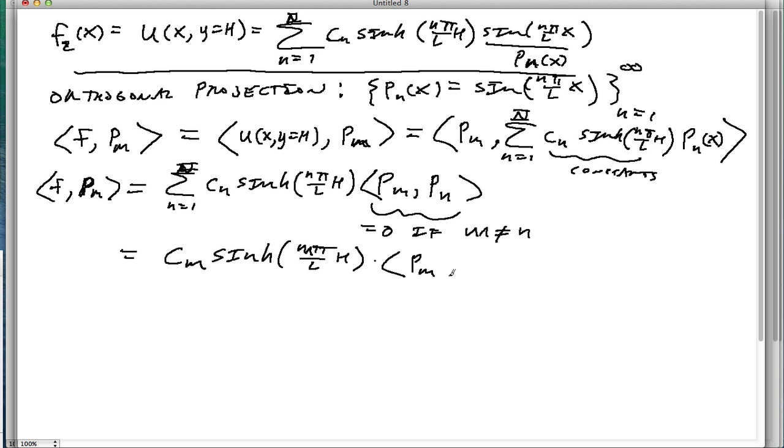And we write that as follows. So Cm, our coefficients that we need to solve for, are going to be 1 over sinh m pi over L times h.